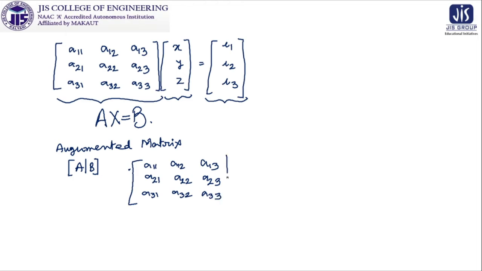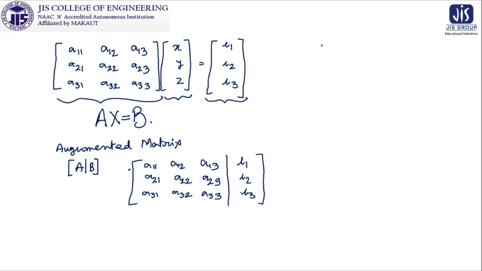That means the coefficient matrix along with B1, B2, B3. So from any given system of linear equations, we can convert it into its augmented matrix form by this rule. This is our first part, which is directly related with the conversion of the system of linear equations into its matrix form, and consequently it will be required in the Gauss elimination method.